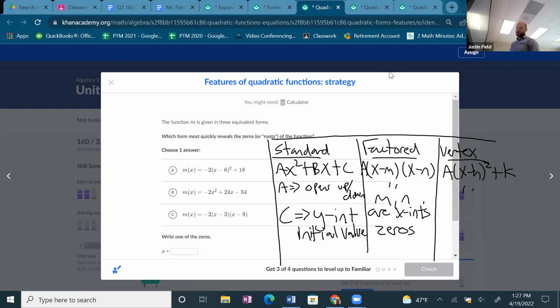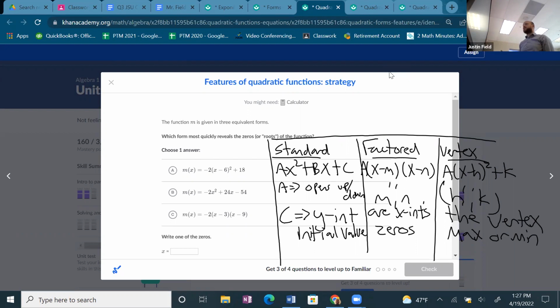And what do we know in vertex form? Of course, we know that (h, k) is the vertex. It could be the max or min.